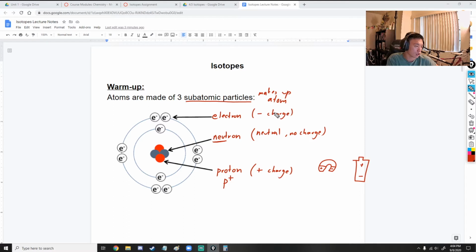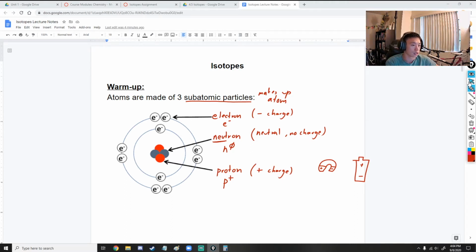Okay, so it would have the opposite charge of protons. So protons and electrons have opposite charges, positive and negative, and neutrons have no charges. And the symbol for a neutron is N0, and the electron is E-. Okay, so those are the 3 subatomic particles. Just make sure you guys keep that in mind before we move on.